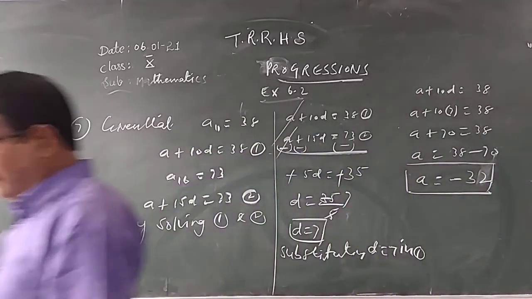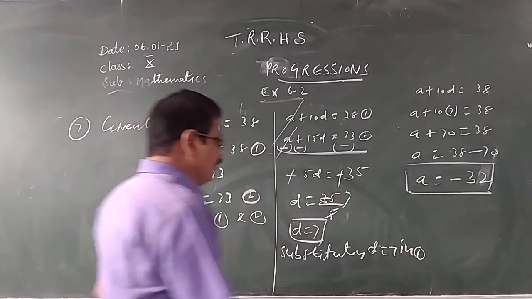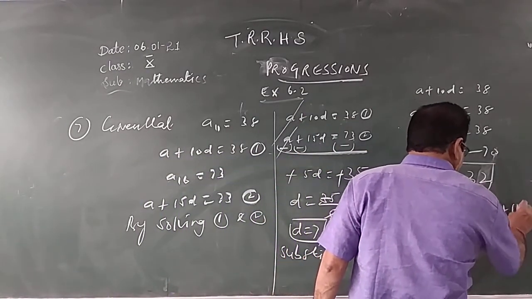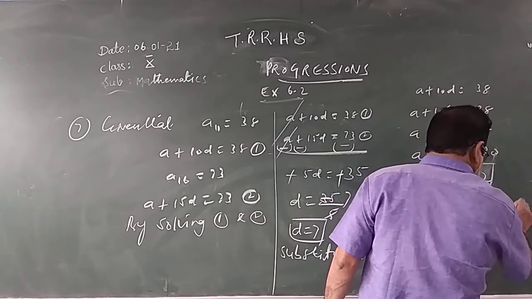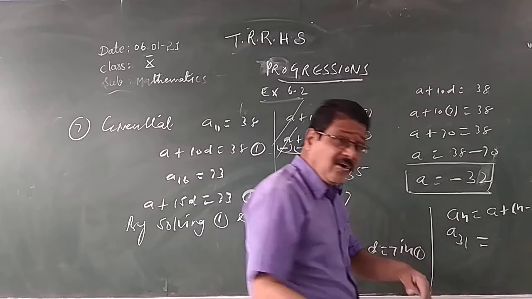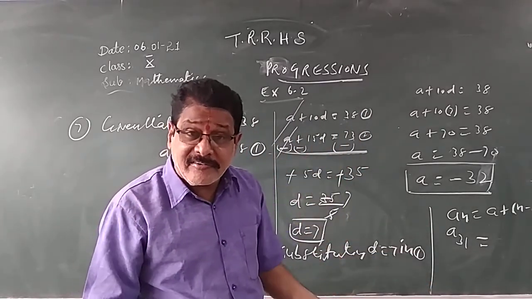Here, what we are asked to calculate is the 31st term. What is the an formula? A plus n minus 1 into d. Directly I am not writing the 31st term. n is equal to 31. The 31st term is a plus 30d. How did you get a plus 30d?